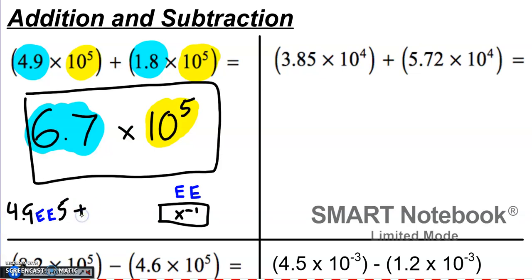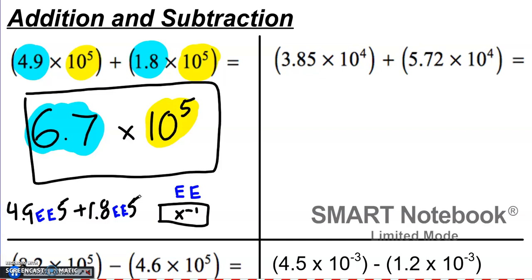Then you say plus 1.8, again EE, but it only shows 1E, 5. This is saying 4.9 times 10 to the fifth plus 1.8 times 10 to the fifth. And then when you plug it in, it's going to give you the number written in standard notation, and you're going to have to go backwards. But this is a good way to check our answer.